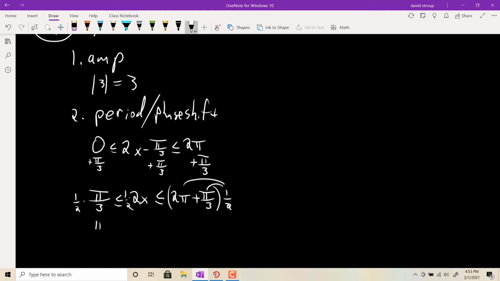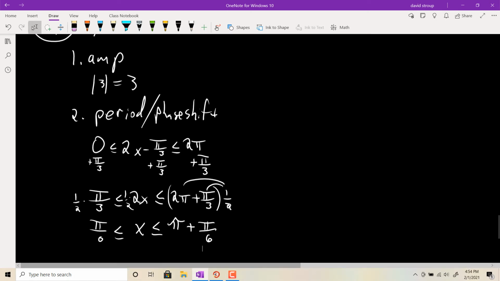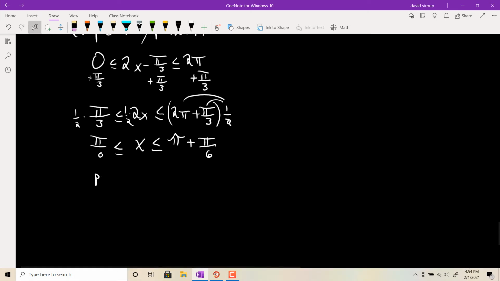So I have pi over 6, which is the phase shift, less than or equal to x, less than or equal to 2 pi over 2, which is pi. So the period is pi, and then plus pi over 6. So the period is this thing.